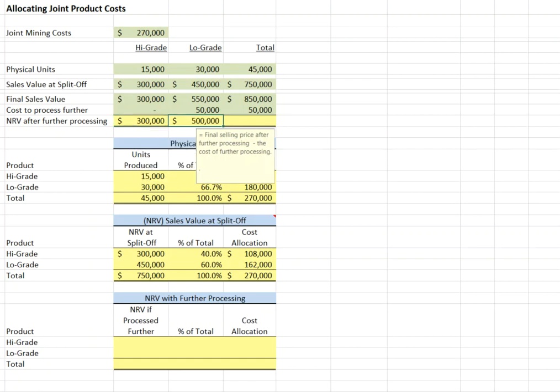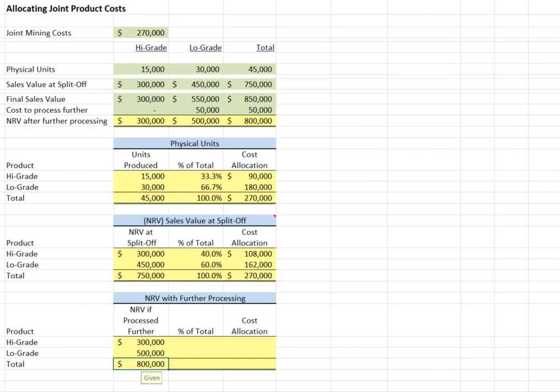The low-grade coal, though, we process it further to remove impurities such as sulfur or other types of unwanted pollutants, giving us a final sales value of $800,000 if we process it further. Let's go ahead now and pick up the net realizable value after further processing. For the high-grade coal, it's still the $300,000. The low-grade coal is $500,000 for a total of $800,000.